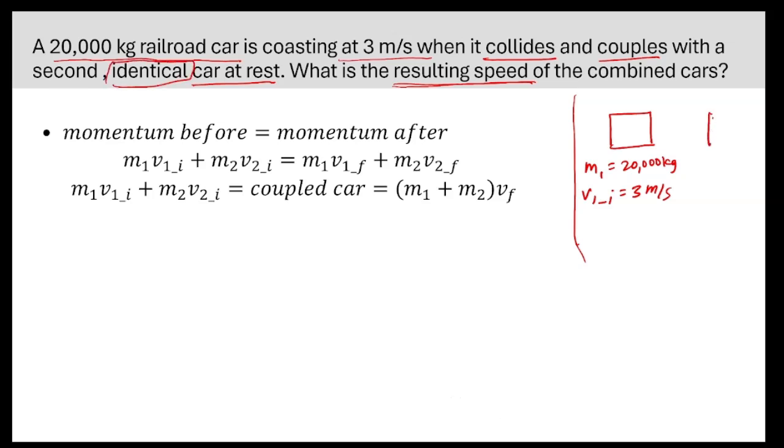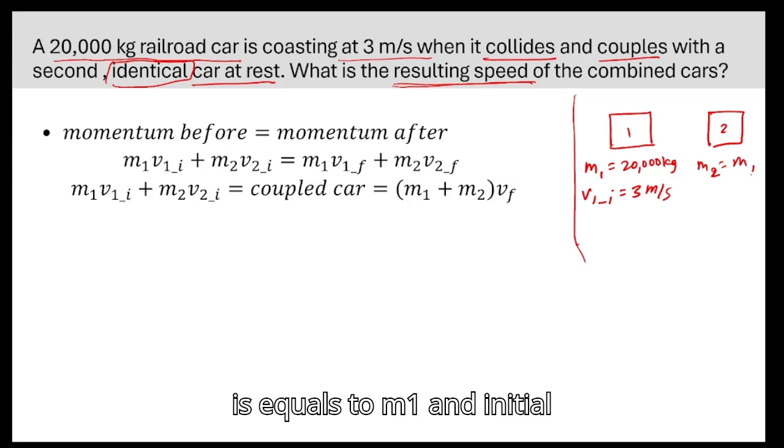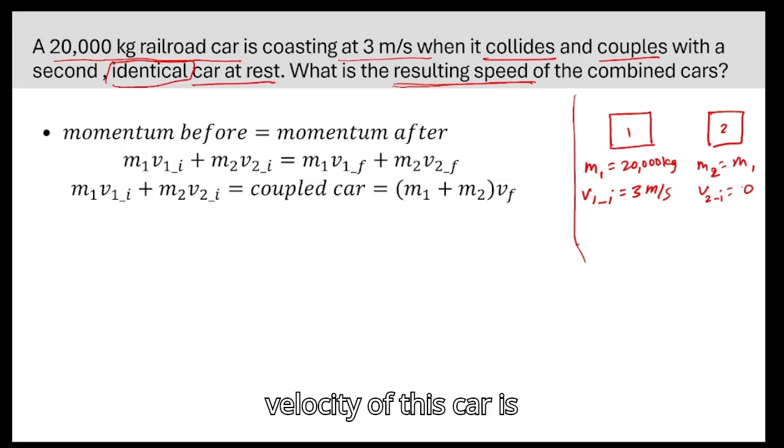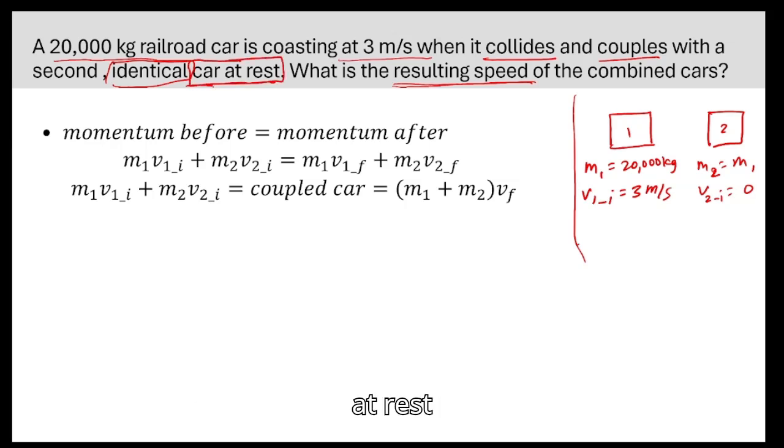It says it's an identical car. So this is car 1, car 2, the mass is the same, m2 equals m1, and the initial velocity of this car is 0 because it says that the car is at rest.